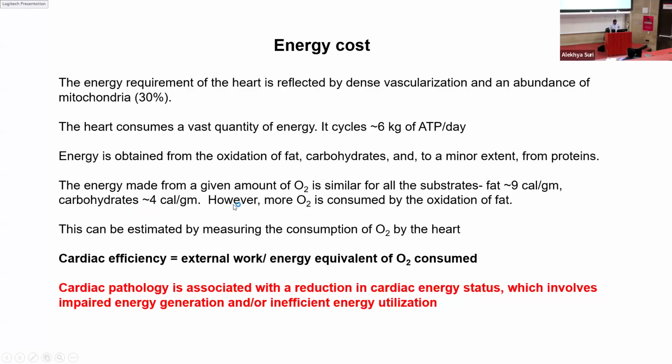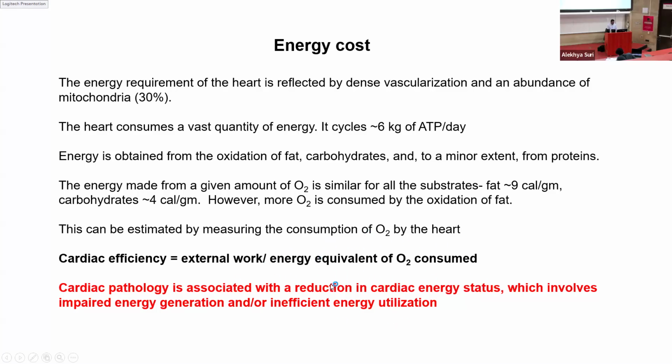And the energy made from a given amount of oxygen is similar for all the substrates, because fatty acid, although it gives more calories, requires more oxygen for its oxidation compared to carbohydrates. Therefore, the cardiac efficiency is usually calculated based on the energy equivalent of oxygen consumed.